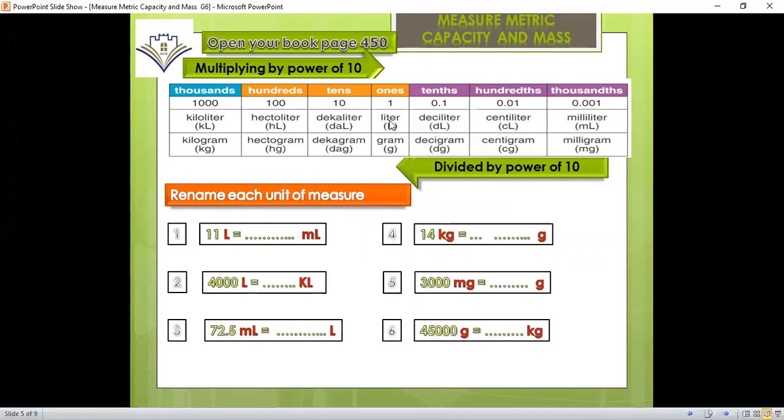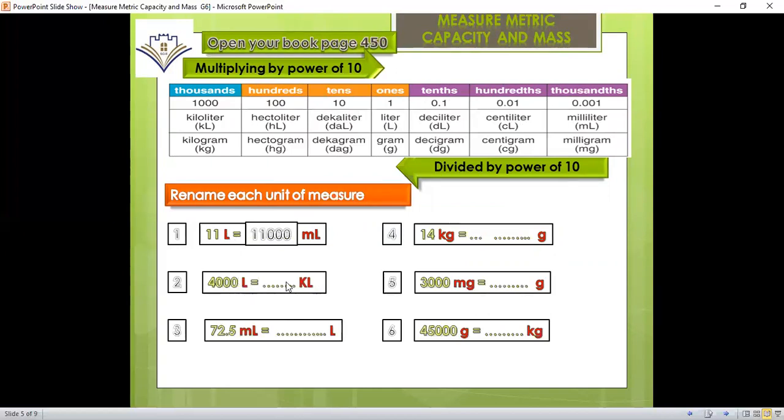Look at the table. Here is liter and there is milliliter. From this way, count with me: 10 multiplied by 10 multiplied by 10 means multiply by 1000. Then 11 multiplied by 1000 equals 11,000 milliliters. Next, 4,000 liters equals dots kiloliters.